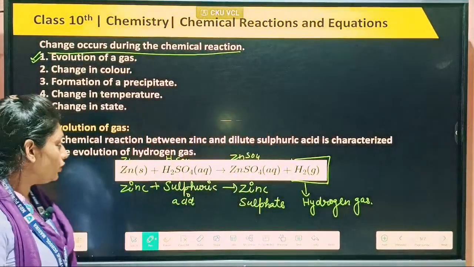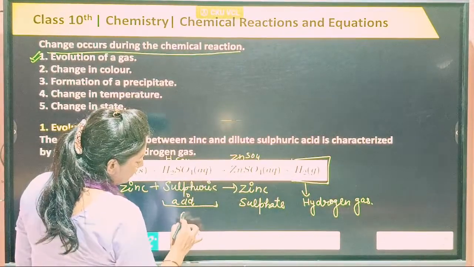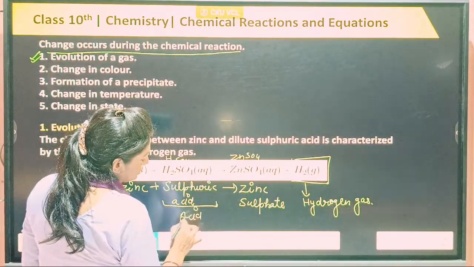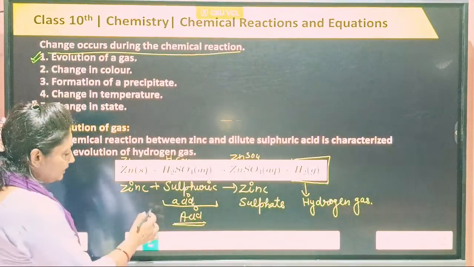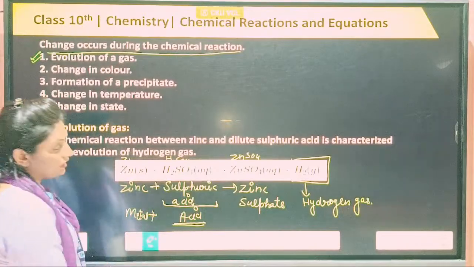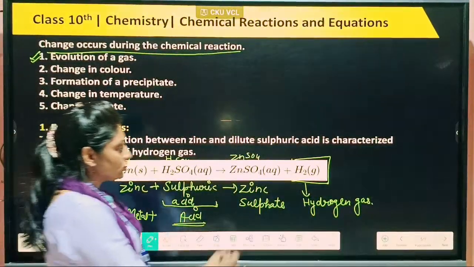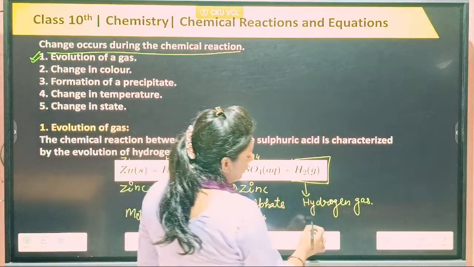Students, you know, when acid reacts with metal, here zinc is the metal and sulfuric acid is the acid. When acid and metal react with each other, they form salt and give hydrogen gas.